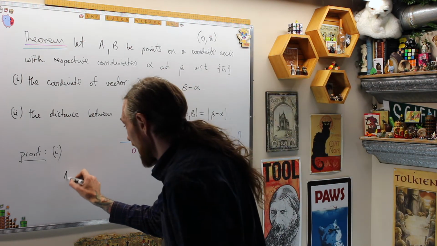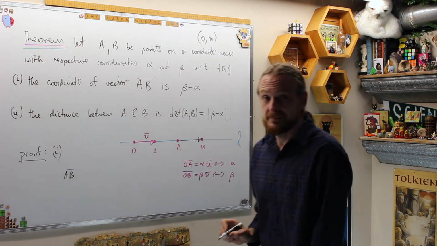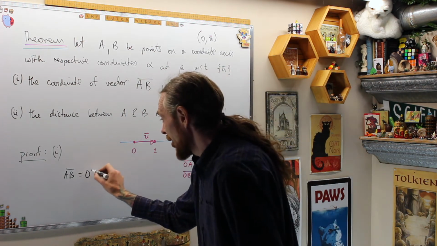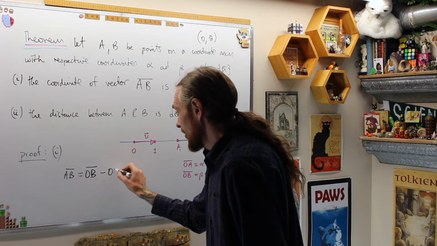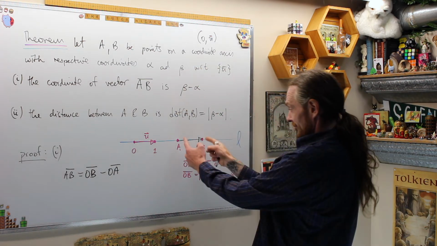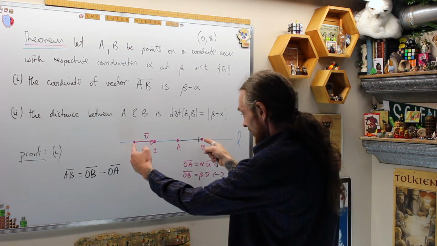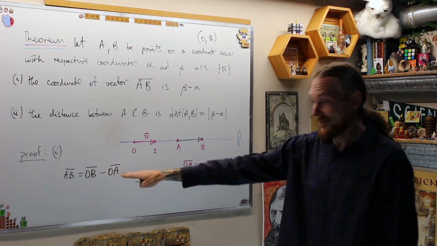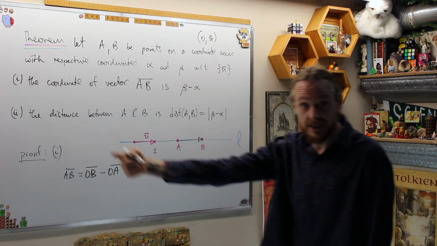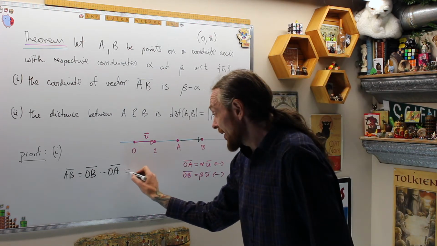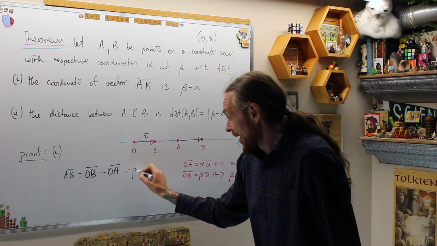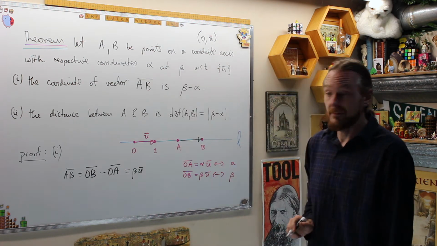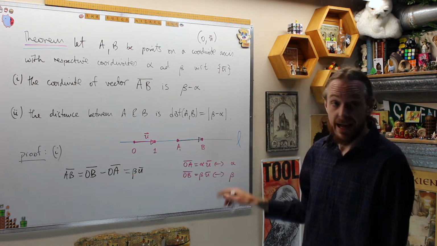So AB is actually OB minus OA. That one has to be subtracted off this one. And what is that now going to be? Once I have that clever idea, now I just use the same thing I did in the last theorem. OB has to be beta U, and OA is alpha U.